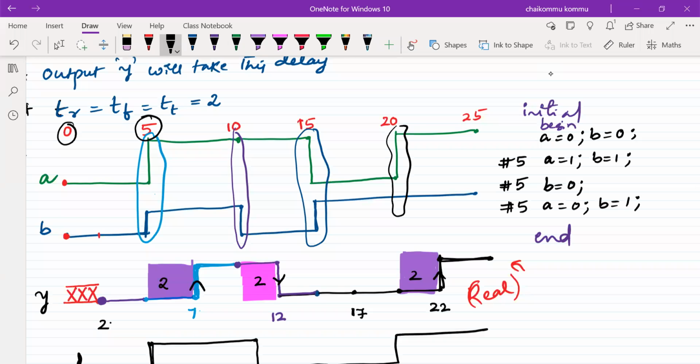Okay. So next, another 5 nanoseconds. That means 20, at 20 nanoseconds. A will change, but B is not changing. Okay, let it be like that only.